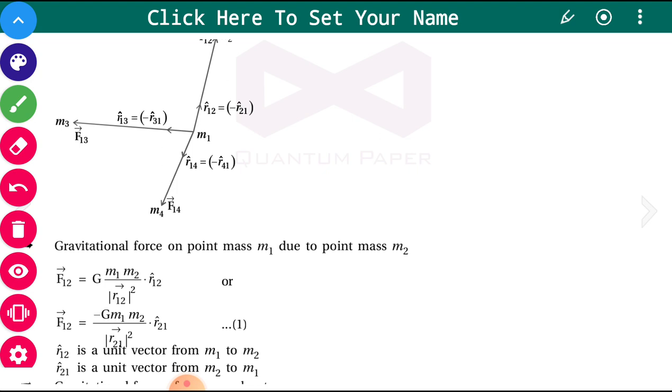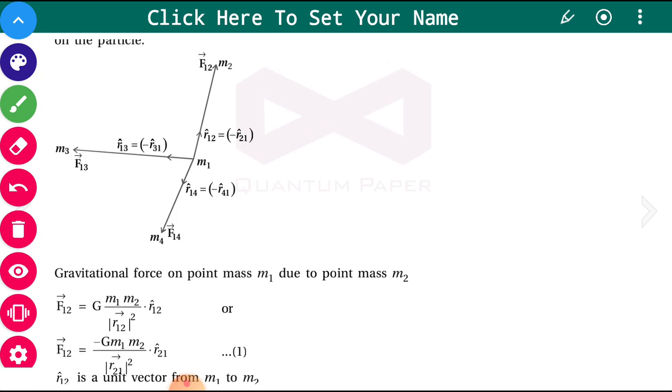The force on the first particle by the second particle is given by F12, and that is equal to G m1 m2 upon the magnitude of r12 squared, that is the distance between the first and second particle squared, multiplied by the unit vector r12 cap.